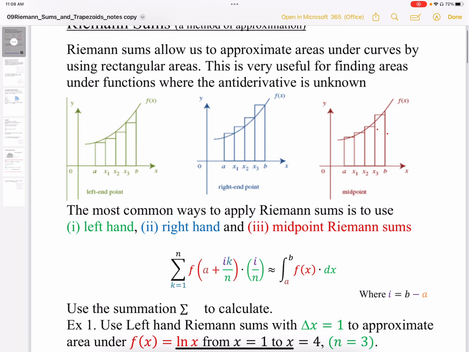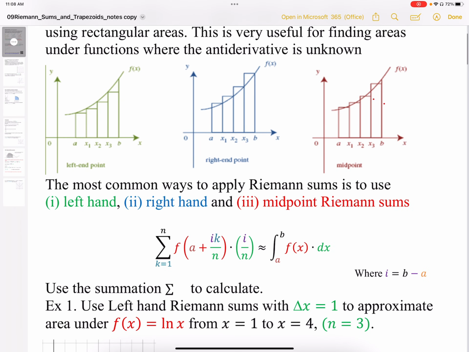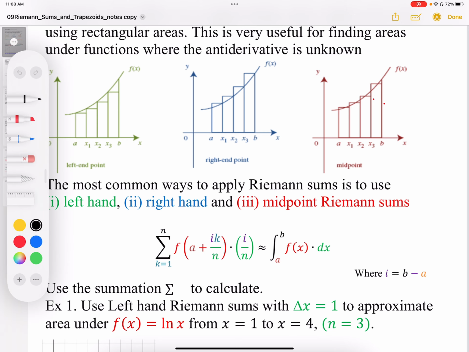So the common ways to apply Riemann sums are as left-hand Riemann sums, which I've highlighted in green, where the left edge of the rectangle is going to touch the curve, and that's going to establish the height of the rectangle on the left edge.